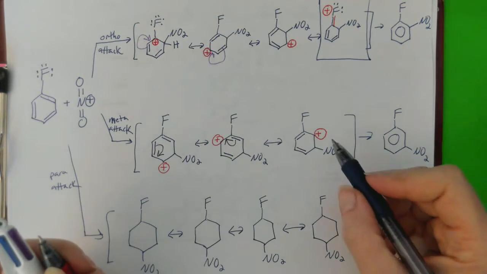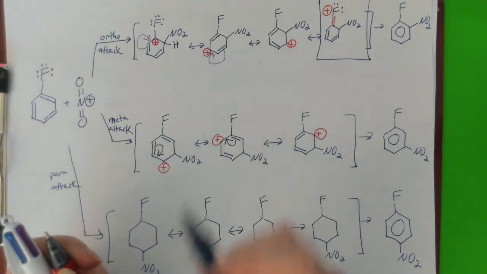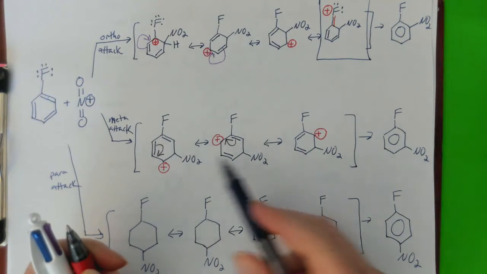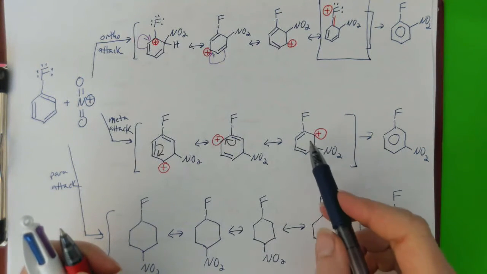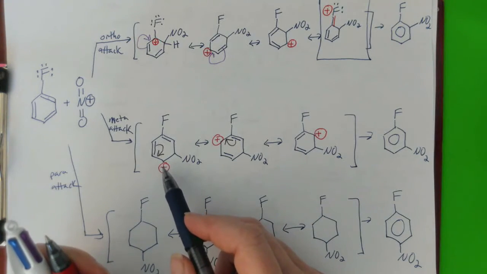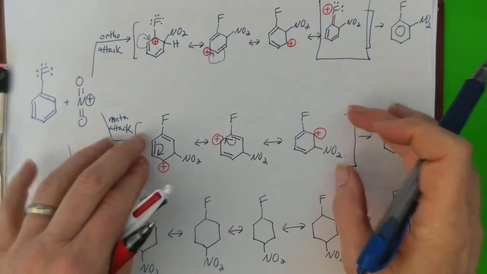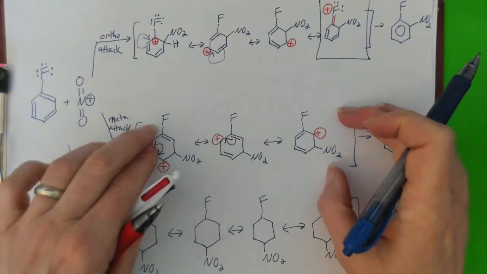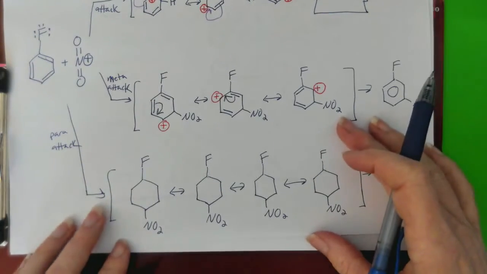Okay, so it looks like a secondary carbon with the plus charge on it for each of these. And so it's an incomplete octet, incomplete octet, incomplete octet. So again, the transition state that leads to this intermediate is going to be higher in energy, destabilized relative to this one.